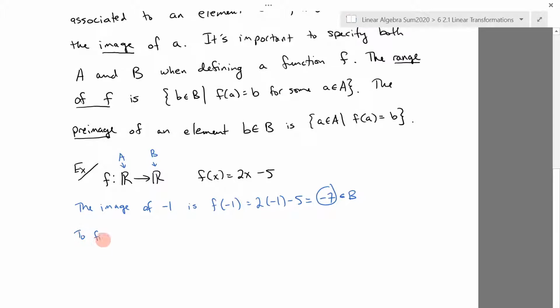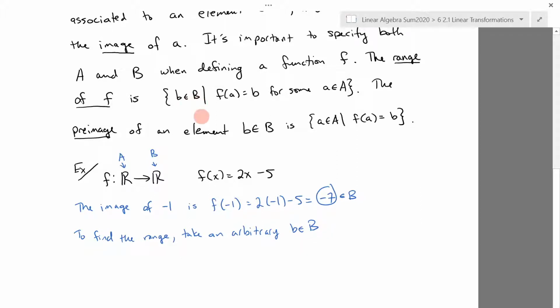To find the range, take an arbitrary element in the codomain.